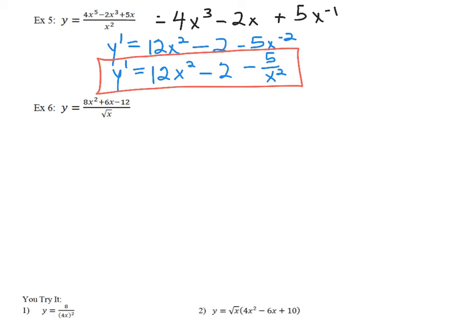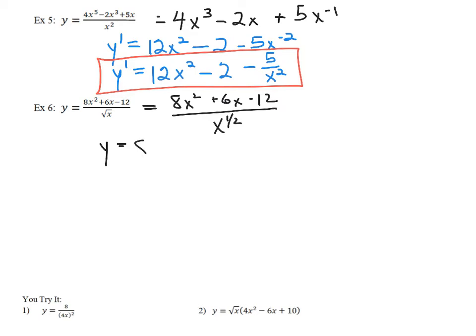In number 6, we also have a division, but this time we're dividing by radical x. So of course this is the same thing as 8x squared plus 6x minus 12 all over x to the 1/2. Again, remembering what we do when we divide by a monomial, we're going to subtract our exponents.